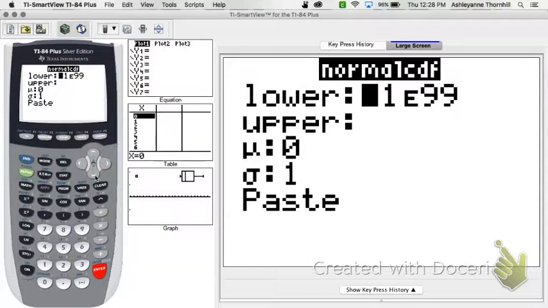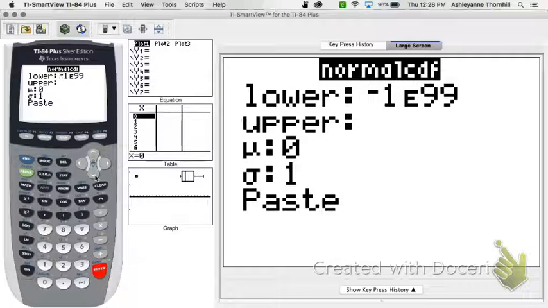Hit enter, and you should be given these things. It should be a screen that looks like this. If anybody's calculator does not have a screen like this, then I need to update it for you. So come see me after class and I will help you. So it's asking for a lower bound and an upper bound.